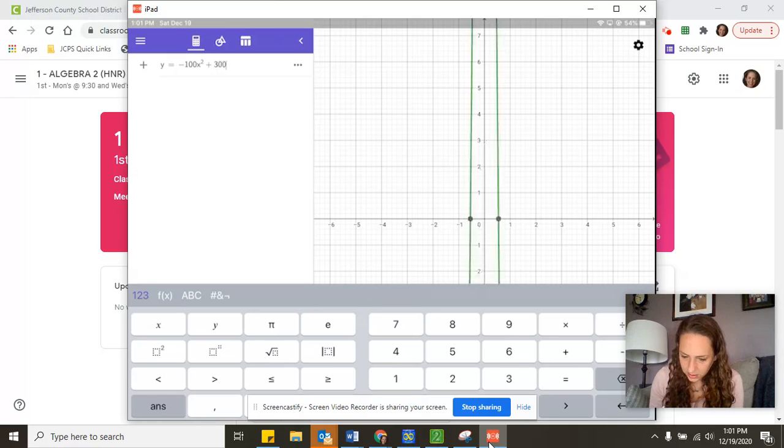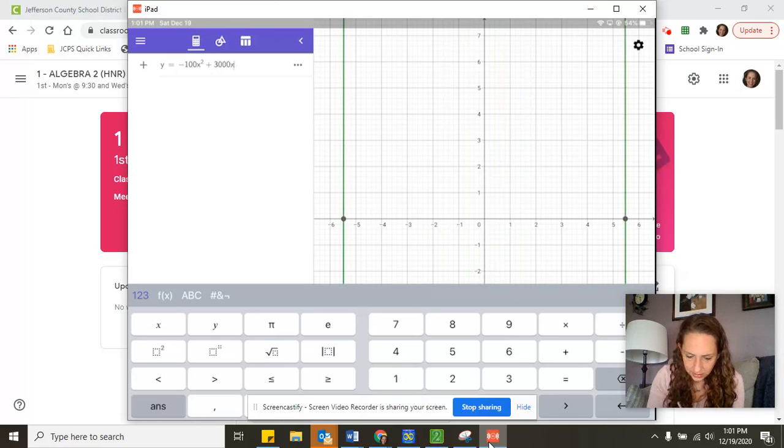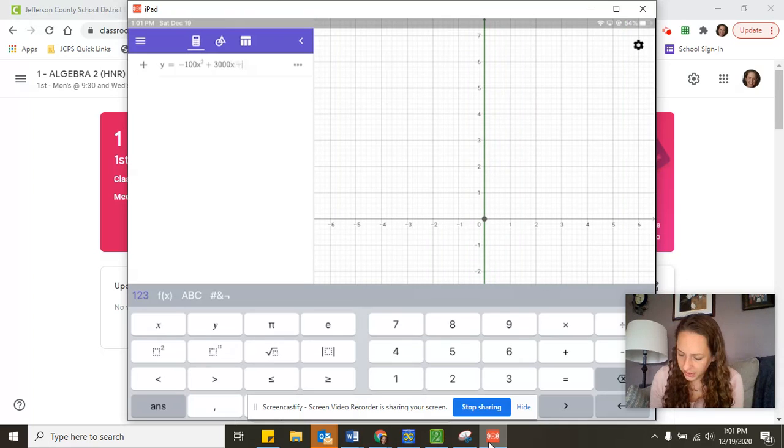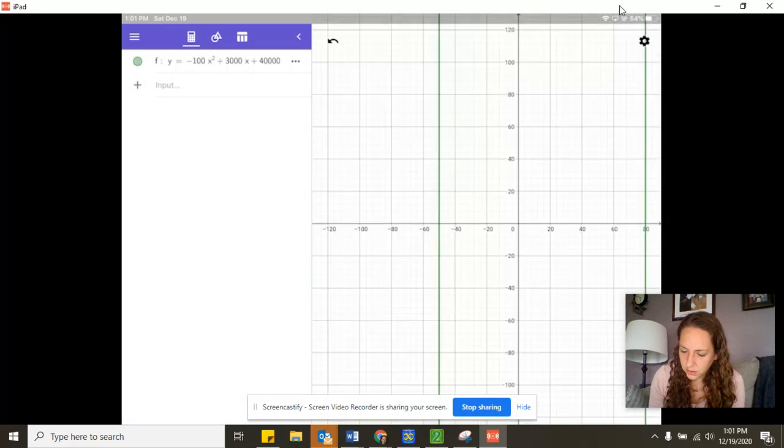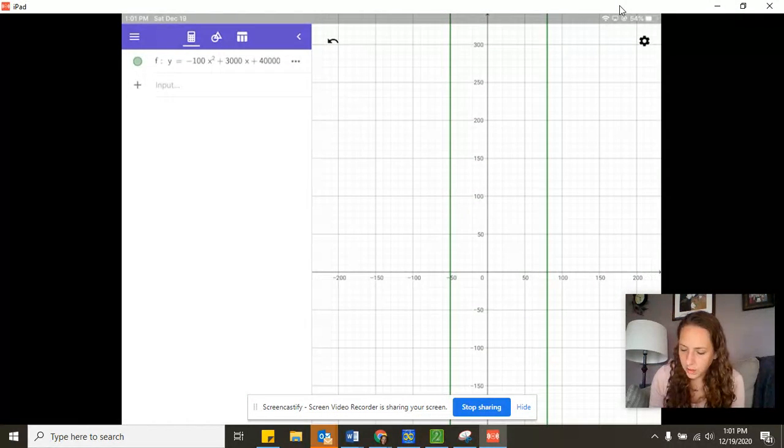Plus 3000x plus 400,000. So obviously, I can't see my graph. What am I to do? But that is just because the numbers are a lot bigger than what they zoom in.